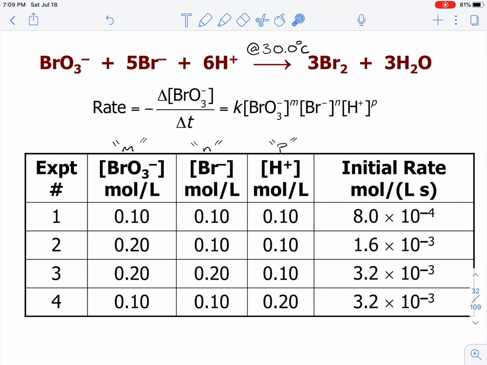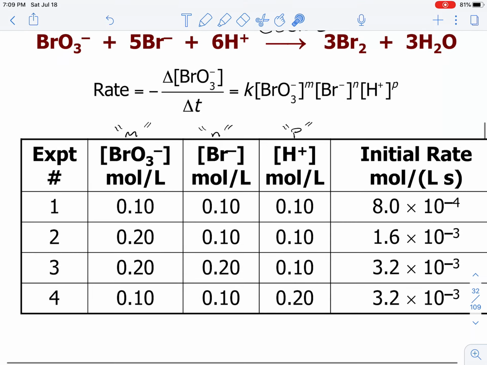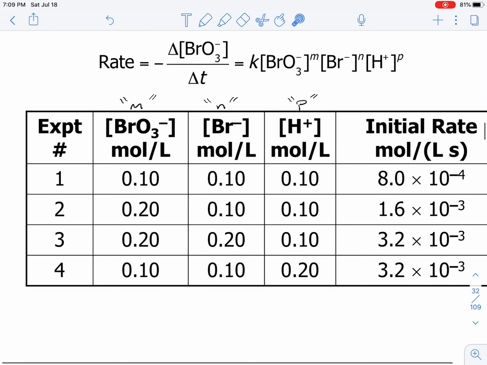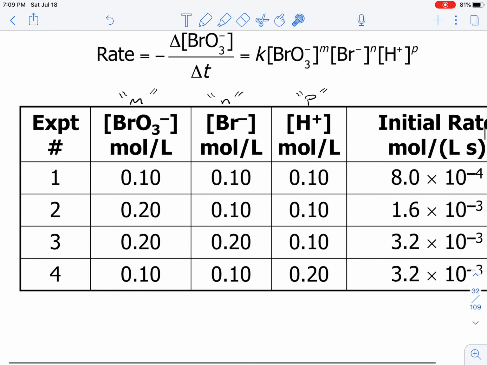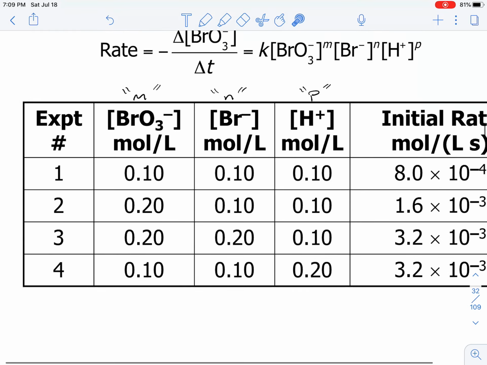If you recall from the previous lecture video, to help us whittle down the number of variables we're working with, we want to take a ratio between 2 experiments that allows us to cancel, in this case, 2 exponents, leaving us with just 1 variable to work with.